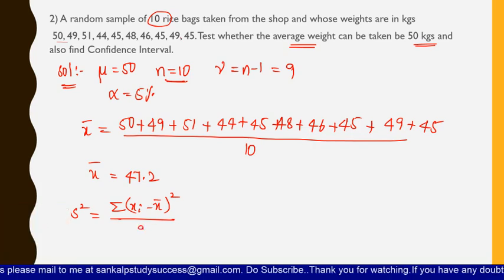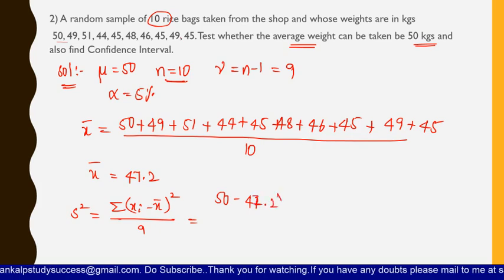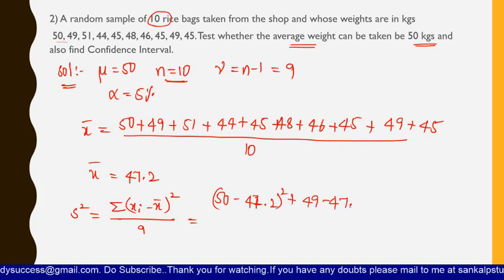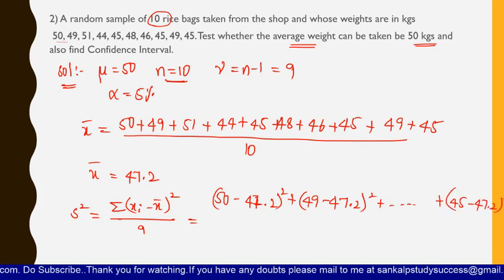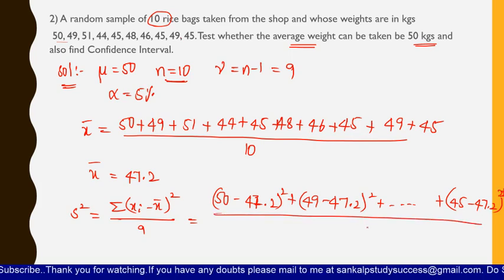So 50 minus x bar, which is 47.2, whole square, plus 49 minus 47.2 whole square, and so on up to the last one, 45 minus 47.2 whole square, divided by 9. In this way you have to find out s square.